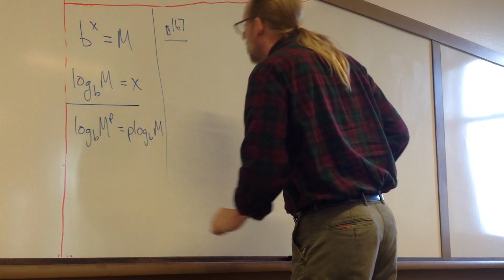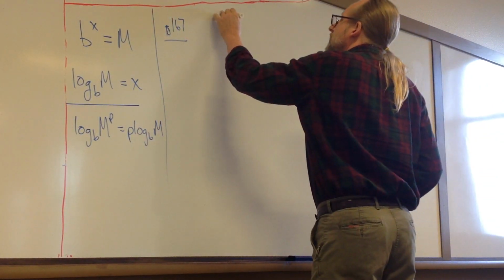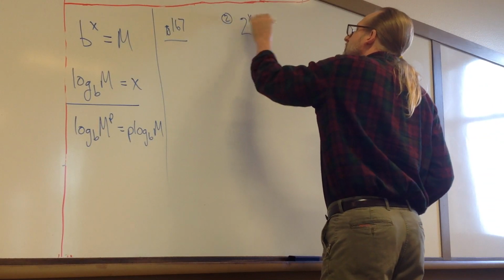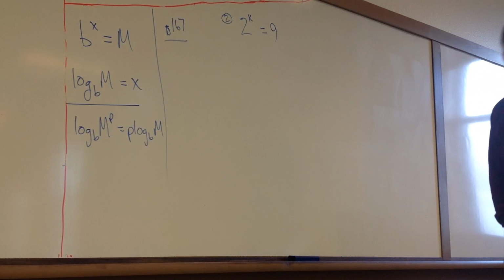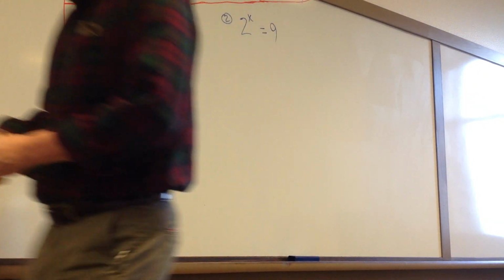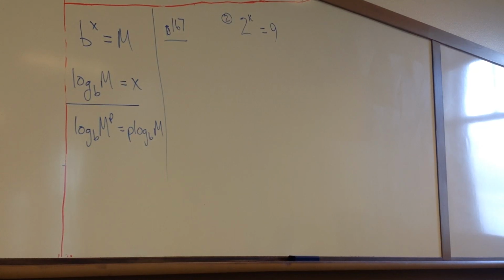We'll start out with problem 2, which says 2 to the x power equals 9. First off, let me remind everybody where the key aspects of what we're going to be doing are on the calculator.